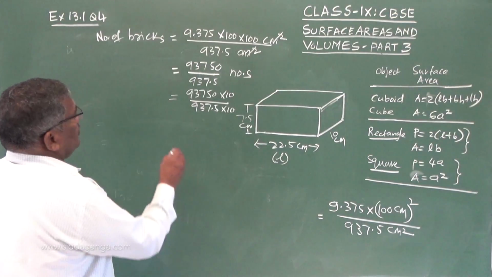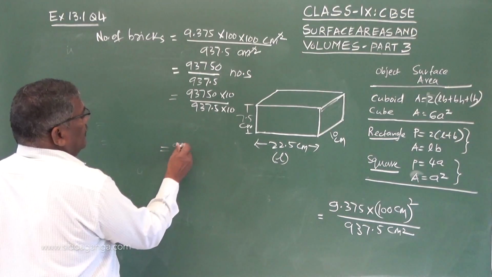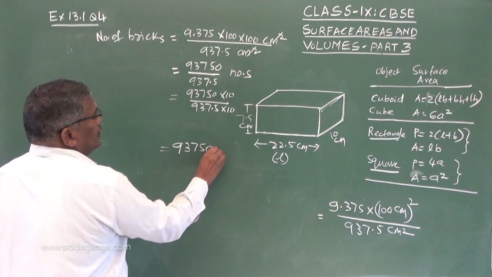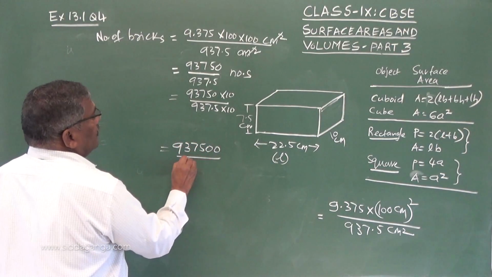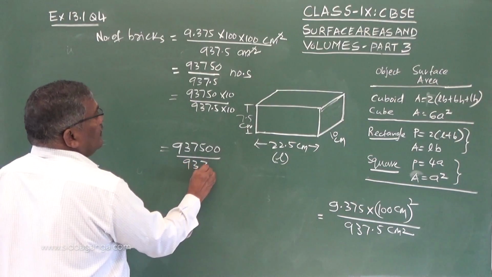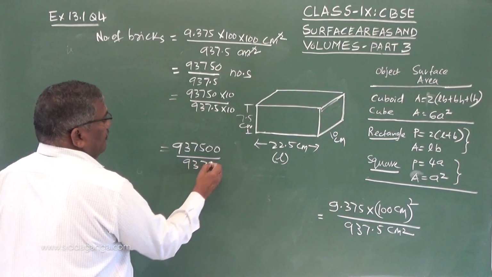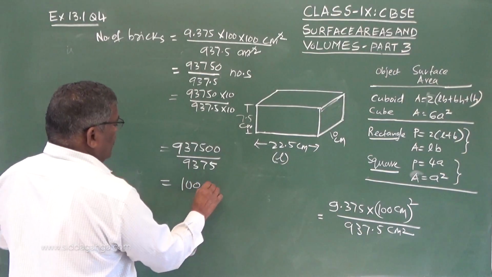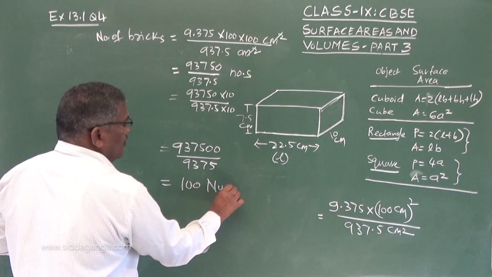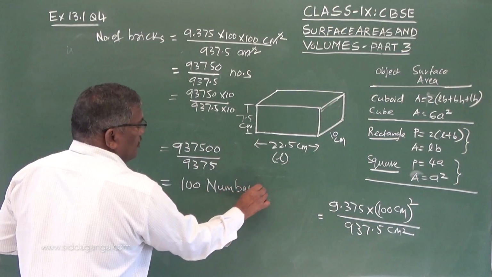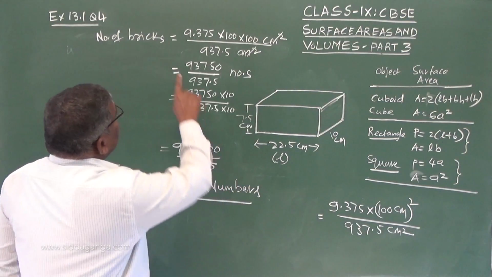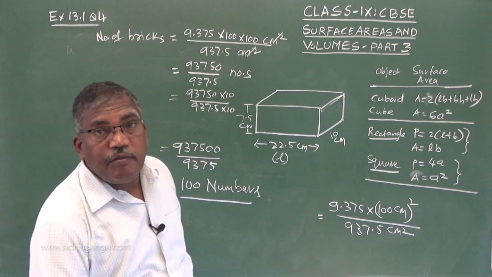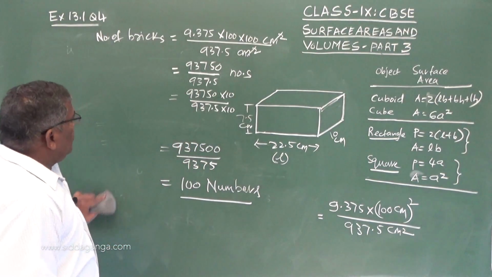So you will get 93750 divided by 9375. So that is 100 numbers. That means out of the available paint, 100 bricks can be painted.